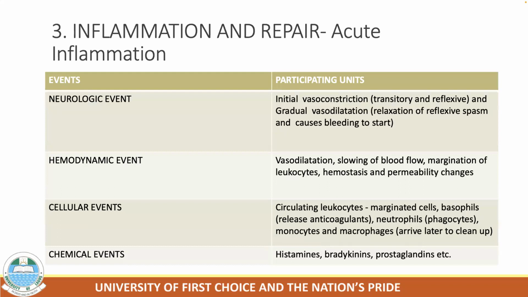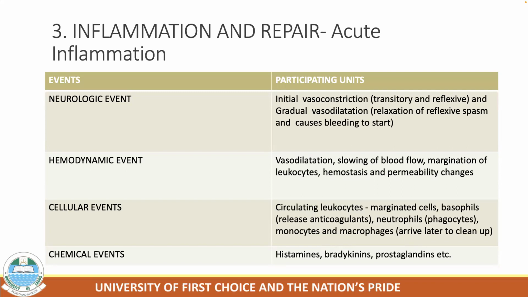So in terms of the neurologic events, there's an initial vasoconstriction that is transitory and reflexive, meaning it's very fast and it may not be observable, and a gradual vasodilation. So there's first vasoconstriction followed by a gradual vasodilation, which is the relaxation of the reflexive spasm and causes bleeding to start.